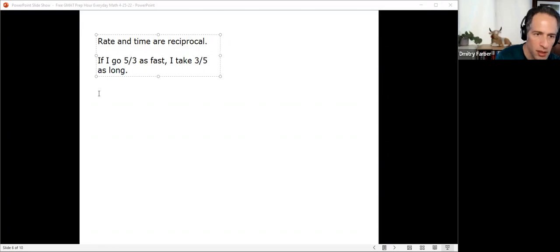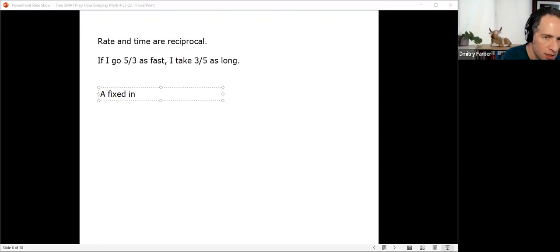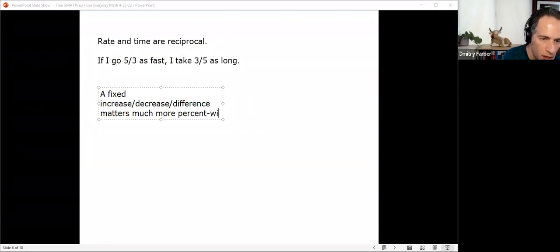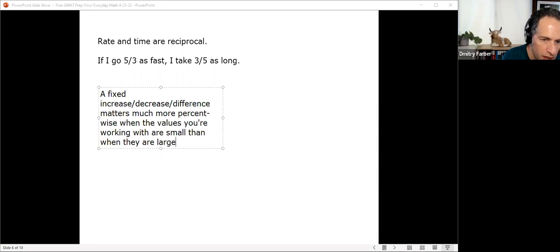Two, and then we'll apply this to another problem: a fixed increase or decrease or difference, like an age difference, matters much more percent-wise when the values you're working with are small than when they are large, right?